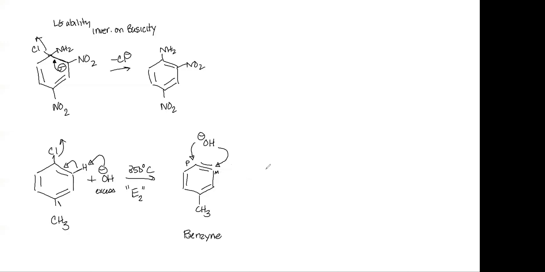So if that happens, then if I write out my benzyne, the OH minus, if it adds to the paracarbon, this pair of electrons goes back to the metacarbon, so that I end up adding the OH group.